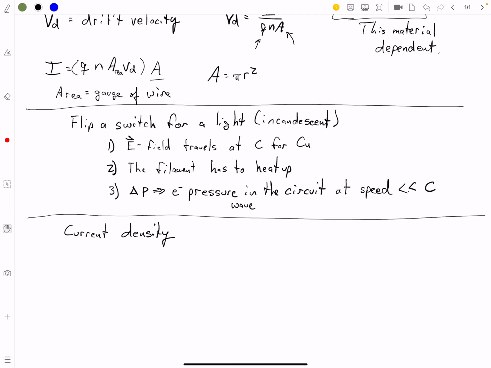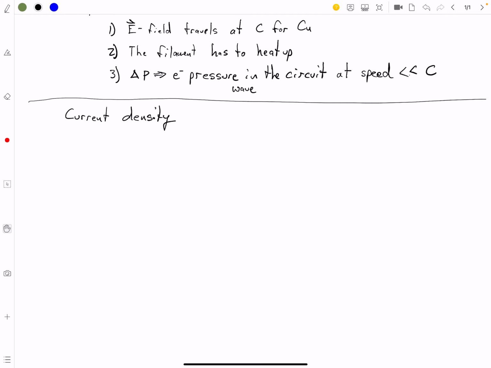Current density. Well, it's exactly what you would think it was. Well, I guess it wouldn't be exactly, because I would say that that would be current per volume, but it's not. It's current per area. So we have current traveling through a certain area.